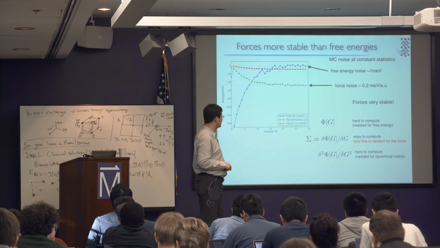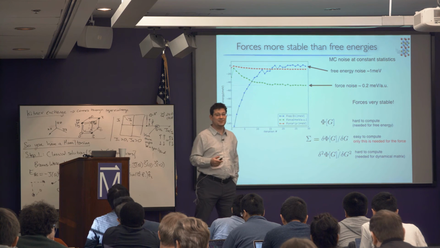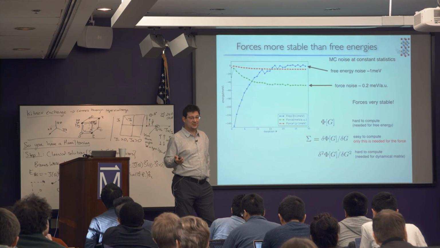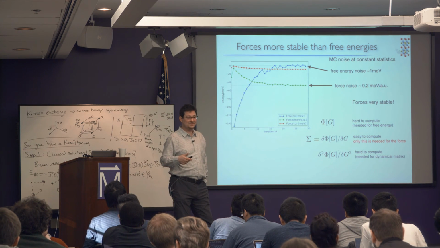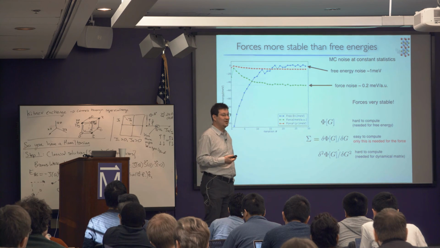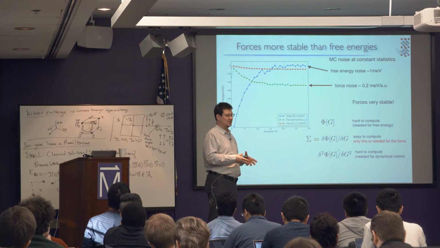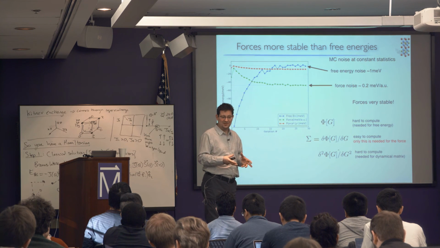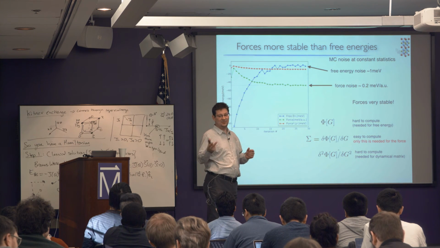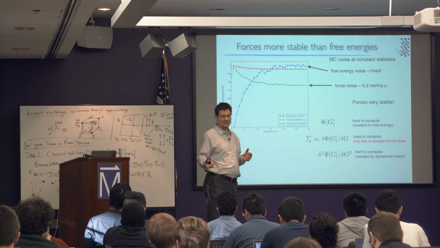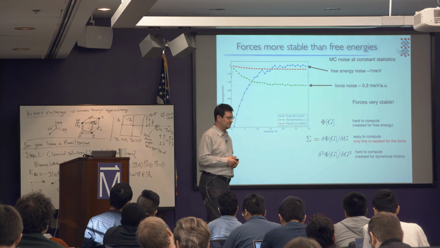In other words, the free energy is now easier to compute with forces than without forces. Which is kind of counterintuitive, but this comes from the fact that quantum Monte Carlo is really good at calculating self-energy, and it's not so good at calculating the phi functional or the second derivative of the phi functional. These are very hard objects to calculate.